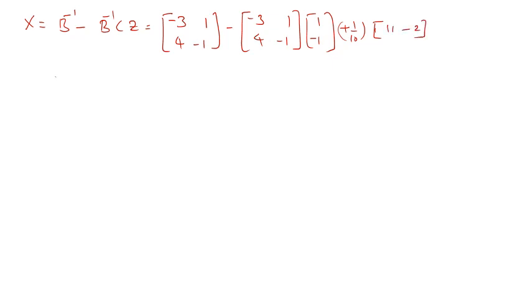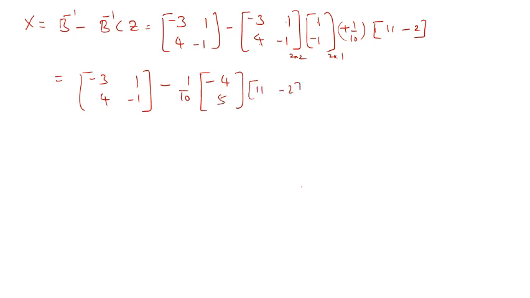So after taking this entire product, this is minus 3, 1, 4, minus 1, right? Minus 1 by 10. Let me take the product of these two, 2 by 2 and this is 2 by 1. Result is 2 by 1. Minus 3 minus 1, minus 4, 4 plus 1, 5, multiplied by 11 minus 2.